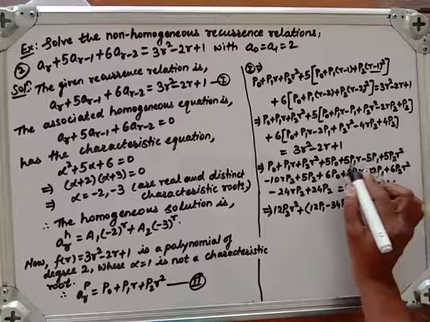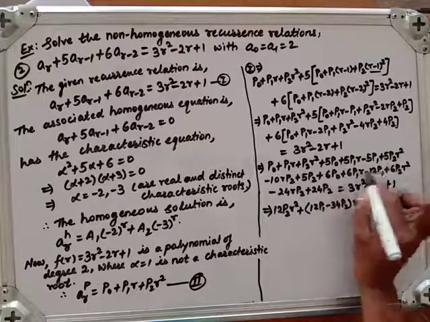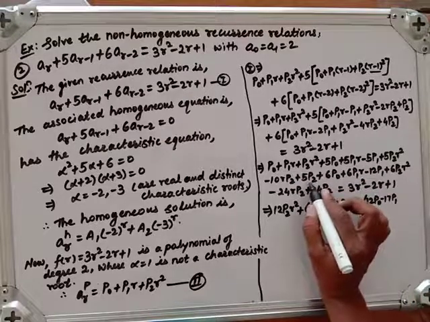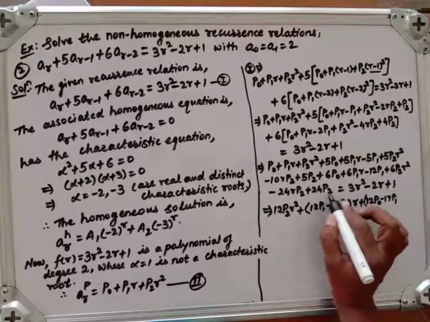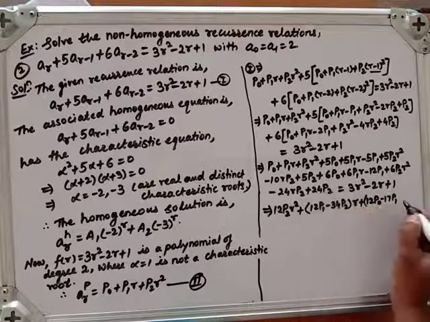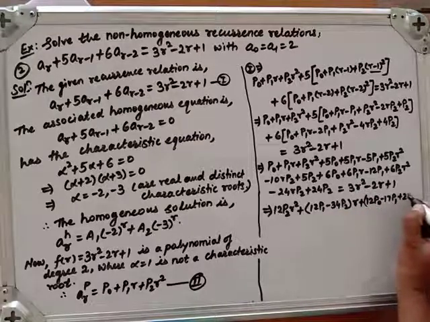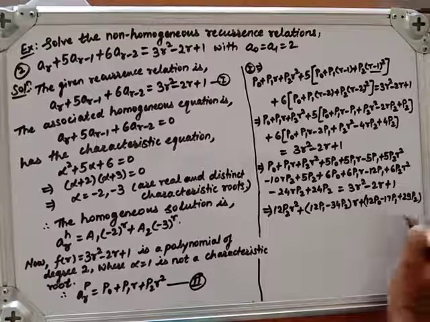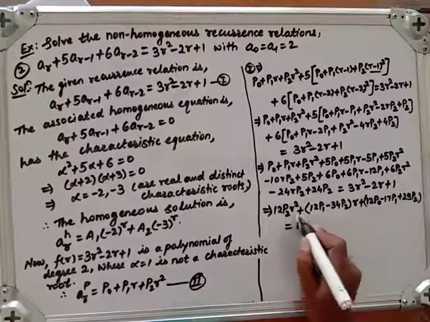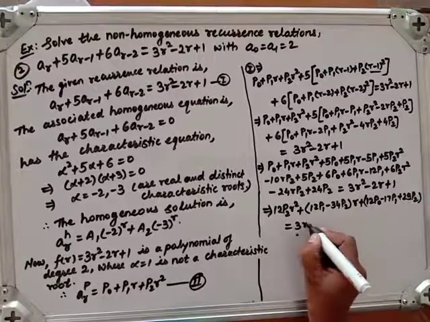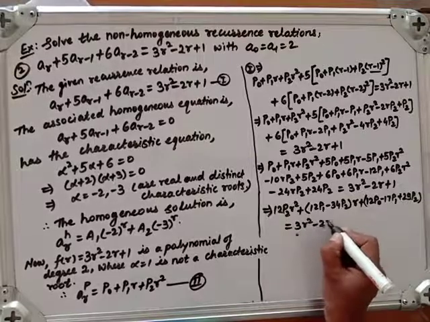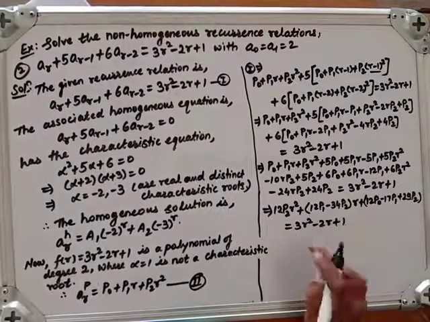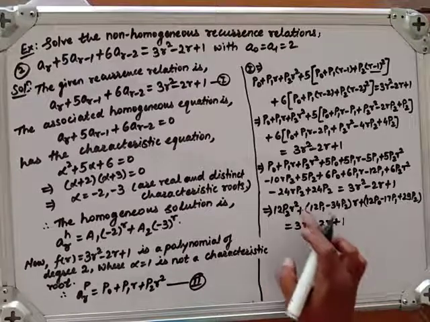And for P2, how many, now here 5 P2 and 24 P2, so it will be 29 P2, and that is equal to 3R square minus 2R plus 1.